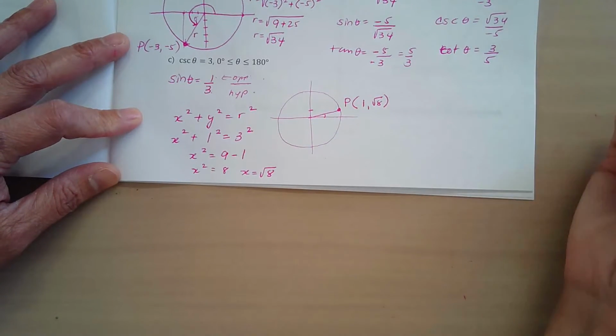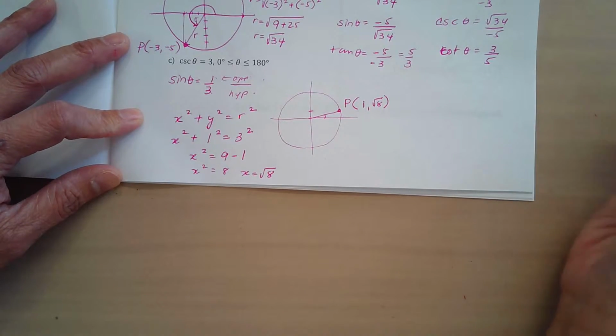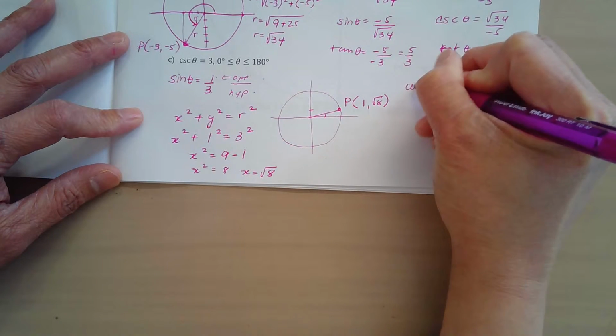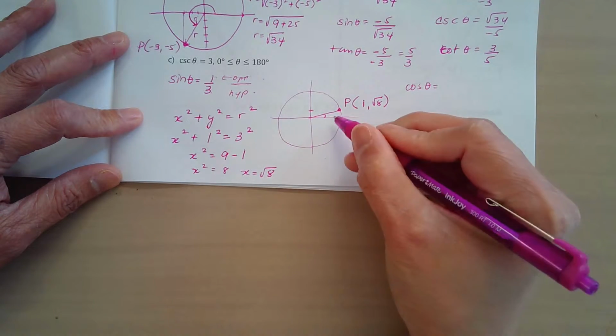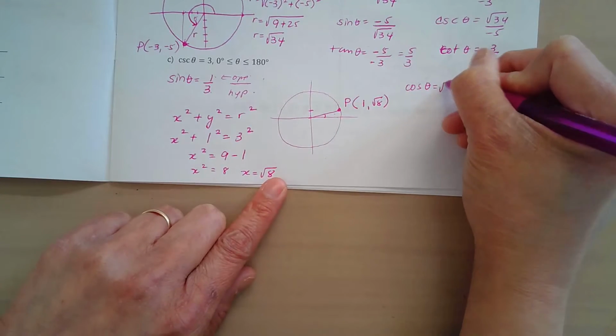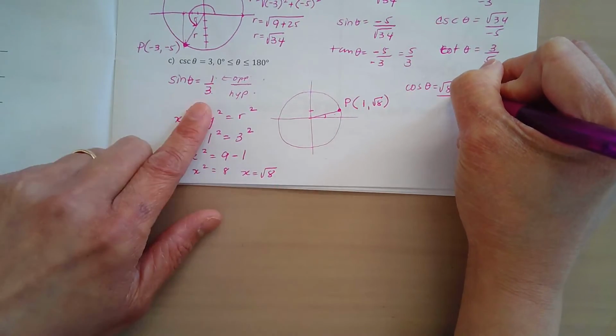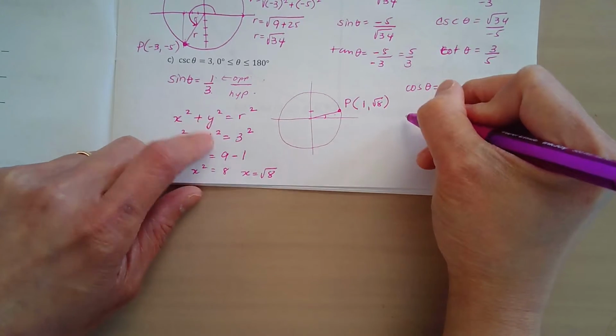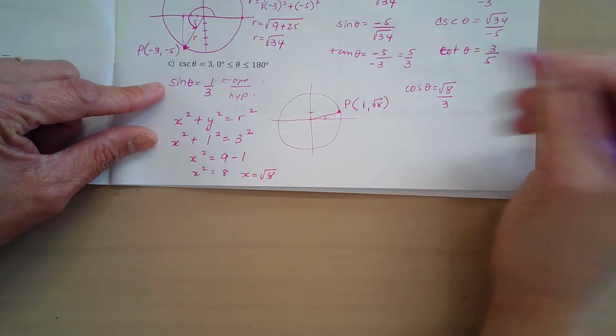Or we don't want the angle, but we want the ratio. So cosine of theta is what? Adjacent over the hypotenuse. Adjacent is root of 8, hypotenuse is 3. Sine, we already figured that out.